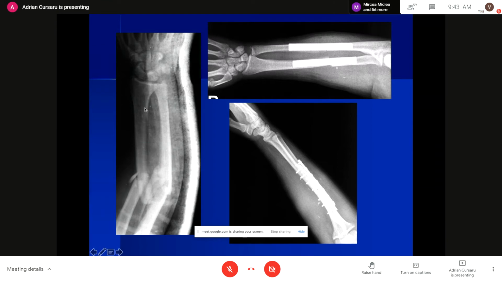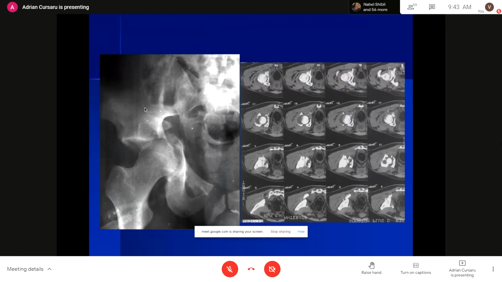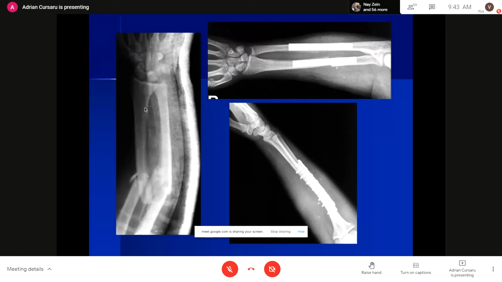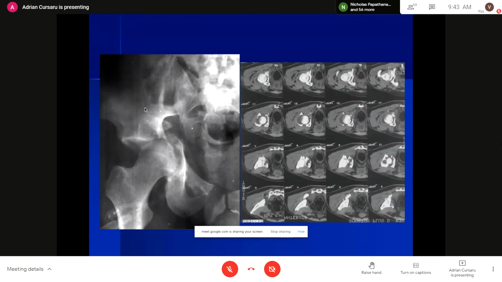It is very important when you have a segment with 2 bones. You cannot say it's a polyfractured patient. It is very important to establish that. But if our patient has that forearm fracture and a fracture of the acetabulum, it is a polyfractured patient. Yes, very good.